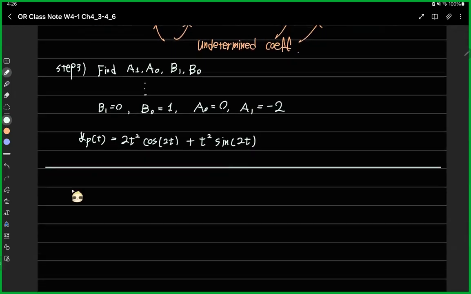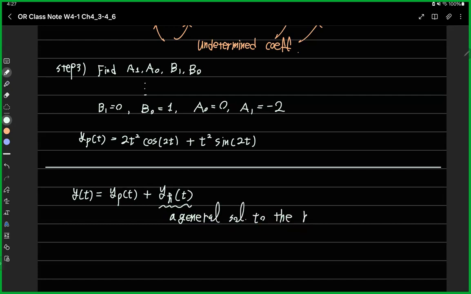To find the general solution, y of t is yp, the solution we got using the method of undetermined coefficients, plus yh, which is the general solution to the homogeneous equation.